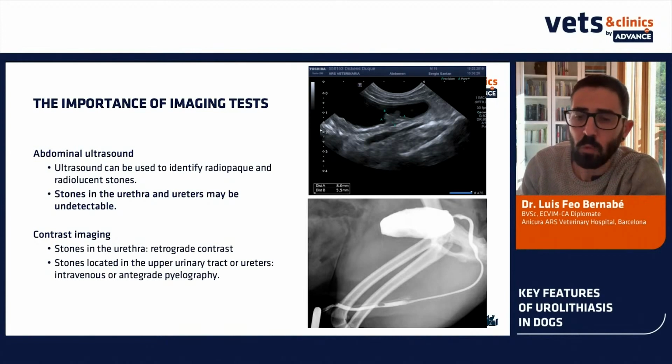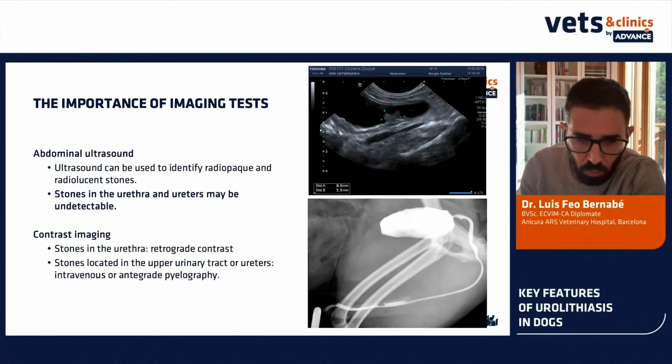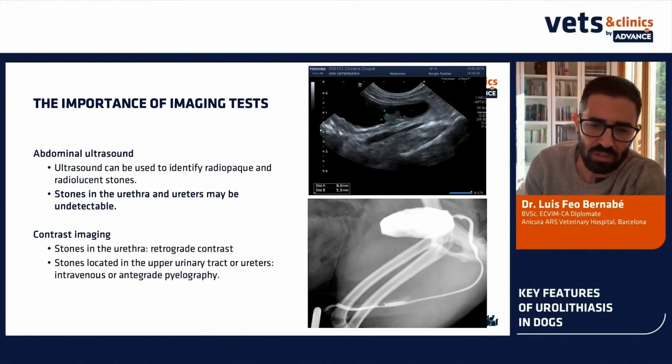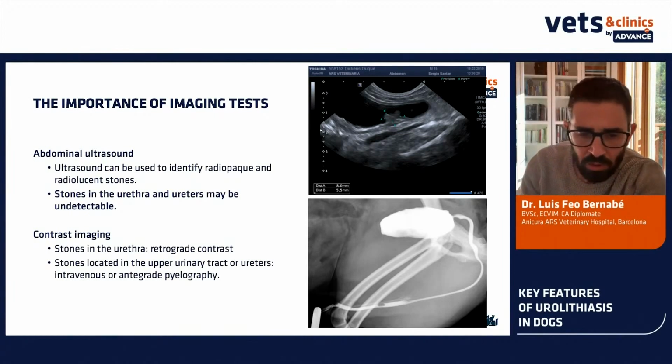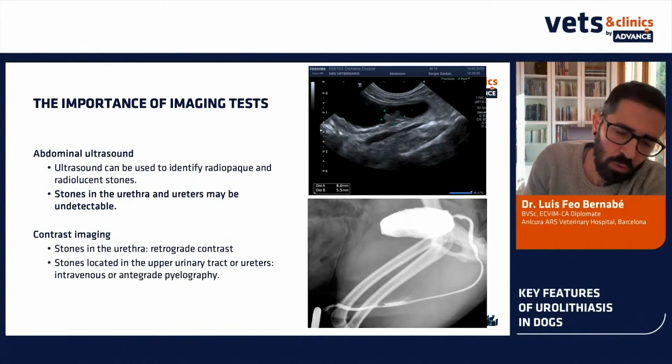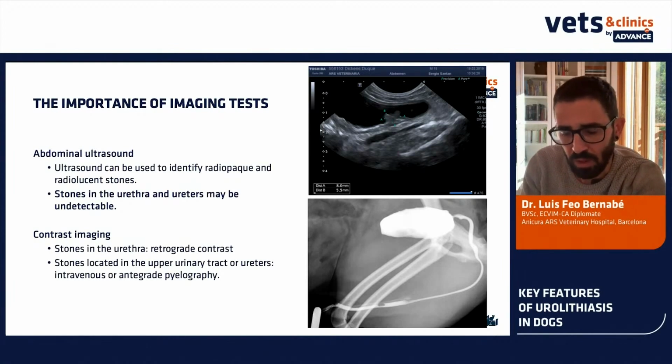So it's sometimes important to combine radiographs and abdominal ultrasound, and also to combine with other additional tests, such as contrast imaging of the urethra, as you can see in the radiograph, where it was a cystine calculi here, or what we call a retrograde contrast, or, less frequently but sometimes used as well, the upper or anterograde pyelography. That is putting the contrast directly into the renal pelvis, and we can see the ureters a little bit better.